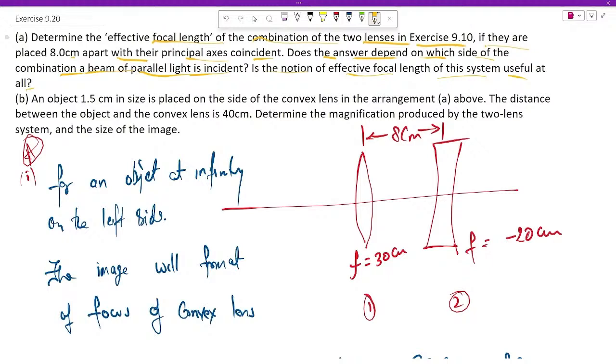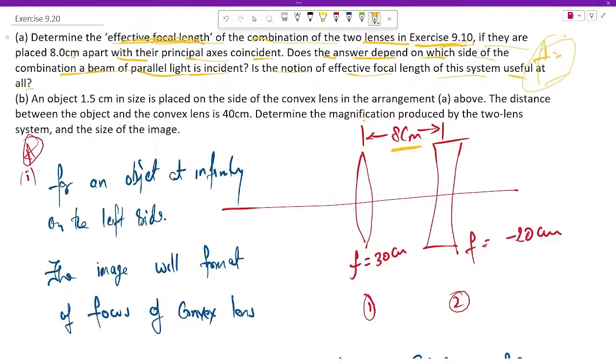So in the previous exercise 9.10, we were given two lenses, a convex lens and a concave lens, and we were asked to find the effective or net focal length of the system. Now in this question, these two lenses are kept 8 centimeter apart. We have to find out what would be the effective focal length, and whether that holds any meaning at all.